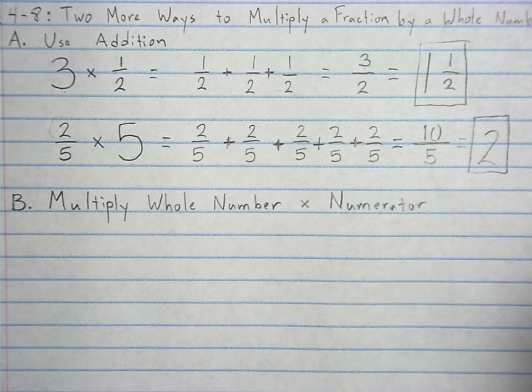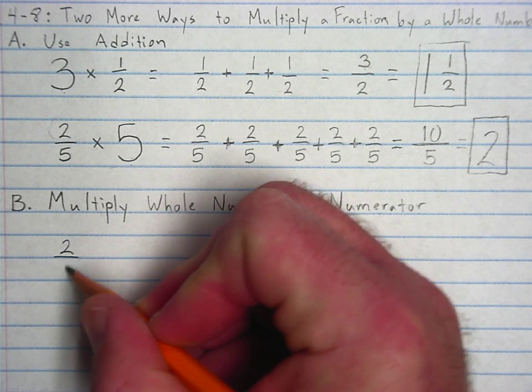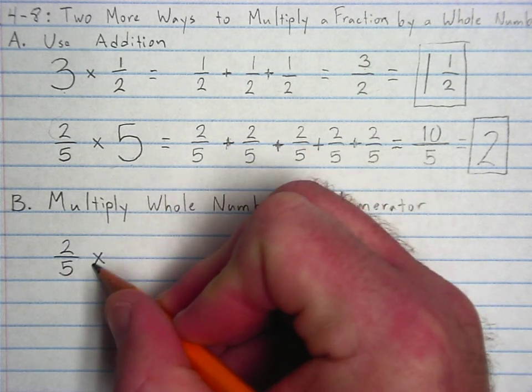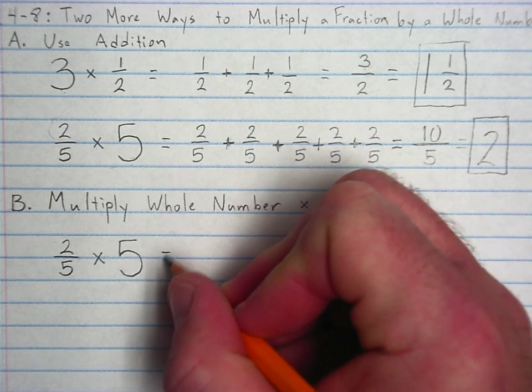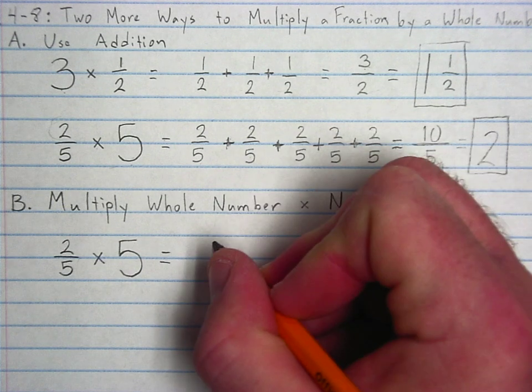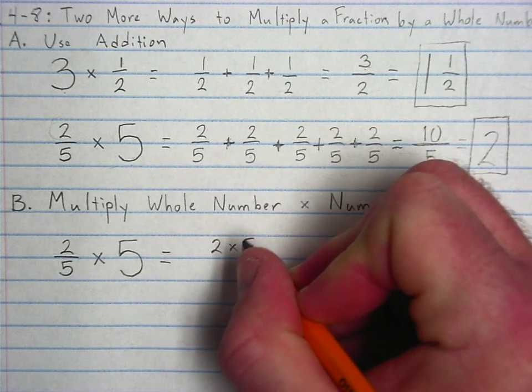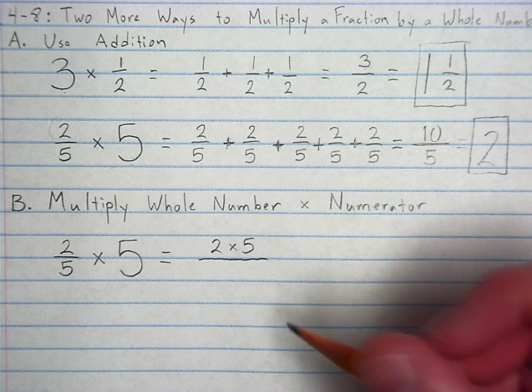Okay. And I'll show you with that exact same problem. Let's go ahead and do that. 2/5 times 5 is equal to 2 times 5 over whatever the denominator was.